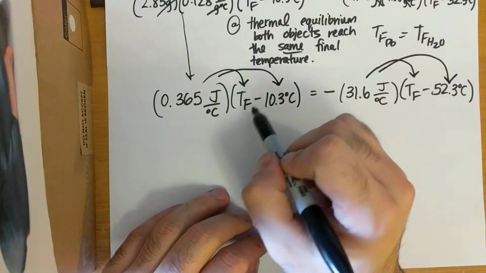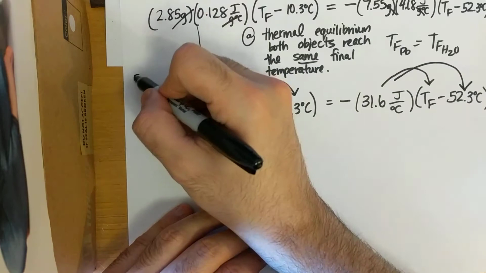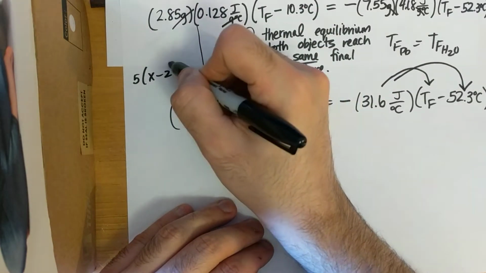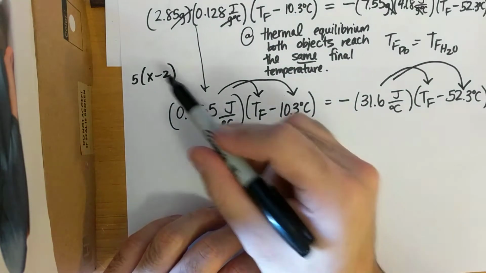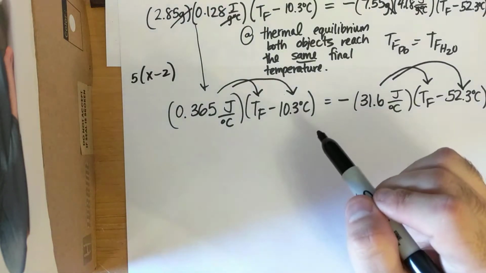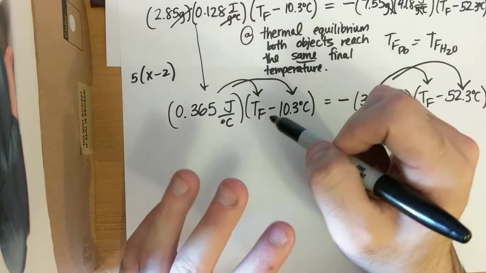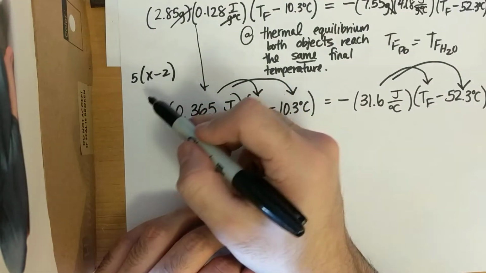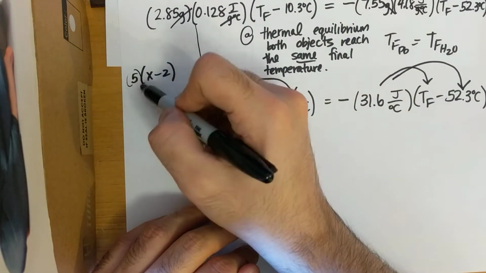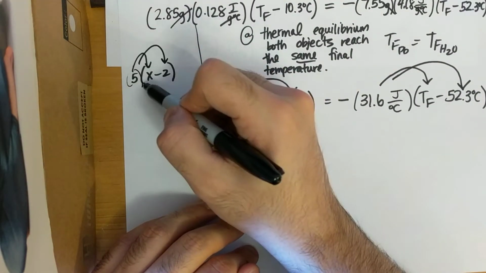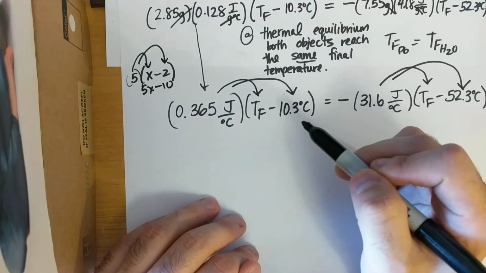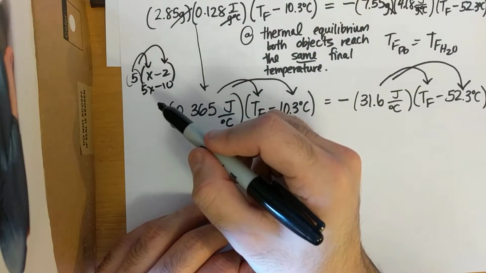So this is kind of like seeing if I had like 5x minus 2, right? This is just in case you're like, Mr. T, I have no idea what you're doing. I just wanted to show you where you would see this in math class. You would see like 5 times x minus 2, and then you multiply 5x minus 10, right? So you distribute into the parentheses.